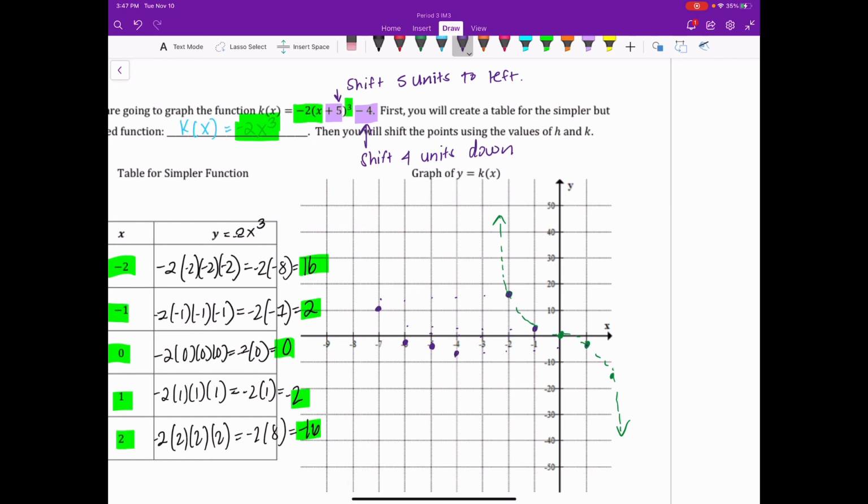So somewhere around here. And then this point, 1, 2, 3, 4, 5. And then 4 units down. So somewhere around here. And so I'm just going to connect them to draw this here. And so there is my graph k of x. So this here is my final graph.